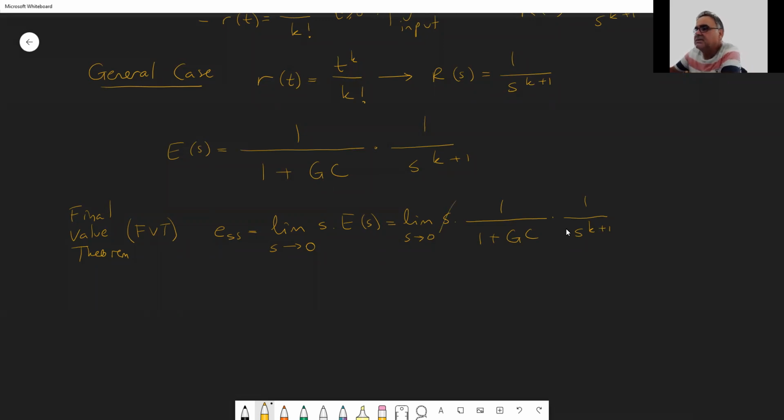Now this S and this K plus 1 cancel. So what we are left with is the limit as S goes to 0 of 1 over 1 plus G of S, C of S, times 1 over S to the K.